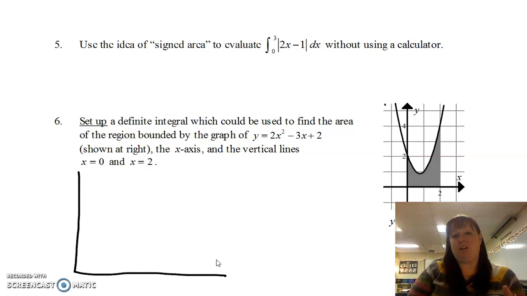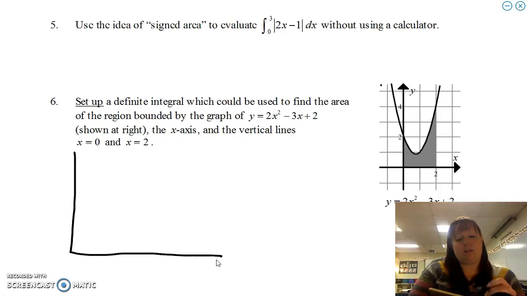We're going to find the signed area underneath this curve. So again, an integral is really just the area under any curve. We're going to start by graphing this curve, the absolute value of 2x minus 1. I'm going to draw it down here because I didn't leave myself enough room up there.